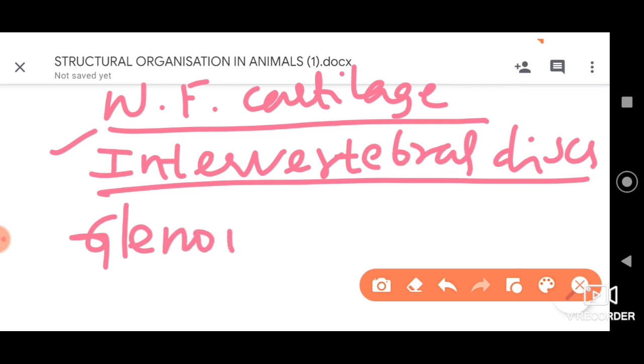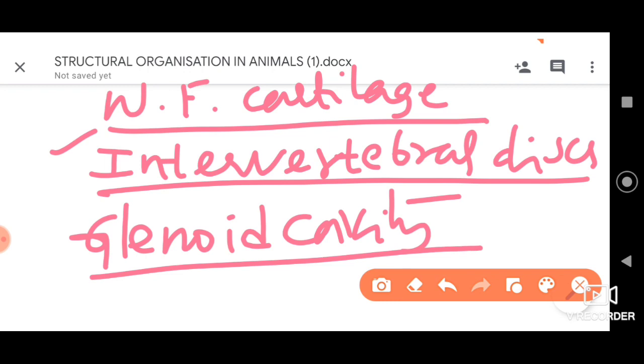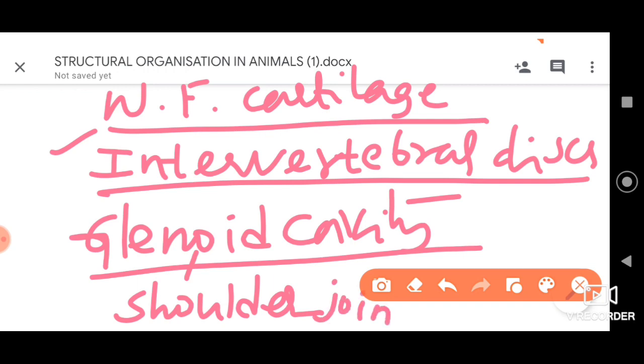Where is the glenoid cavity present? This glenoid cavity is present in the shoulder joint. There also we could find the white fibrocartilage, dear students. So remember this: white fibrocartilage can be present in the intervertebral discs, and they can also be present in the glenoid cavity of the shoulder joint.